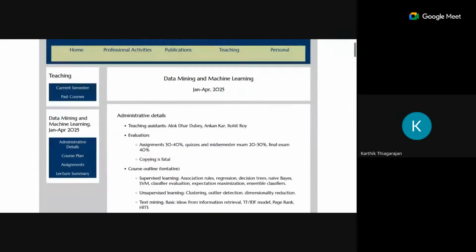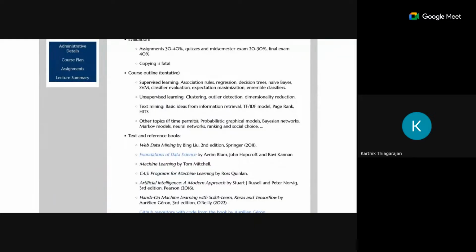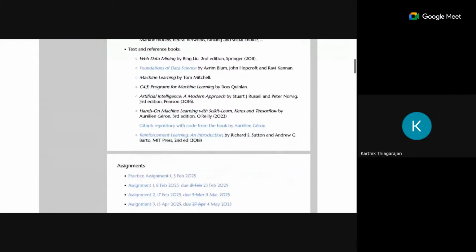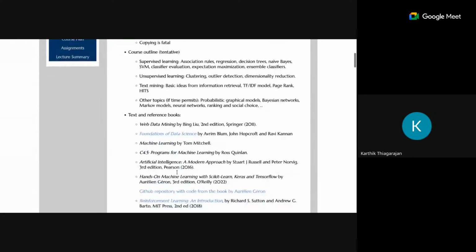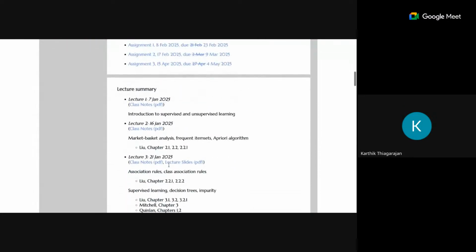This is his page. How many of you know Professor Madhavan teaches data science also? We all know he teaches almost every single course that you can think of. This is in CMI.